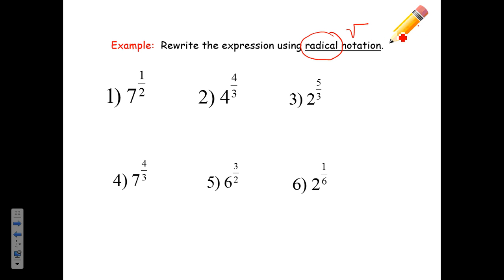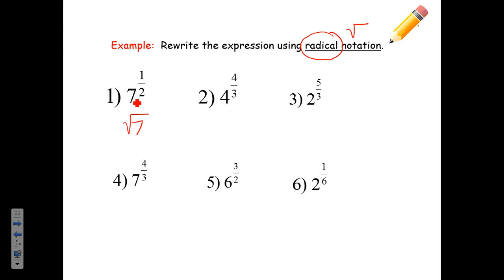So go ahead and write these down. As we write them down, we will do them. So this says 7 to the 1/2 power. Well, just remember, we were working on this a couple slides back, and the half power meant the square root. So the square root of 7.